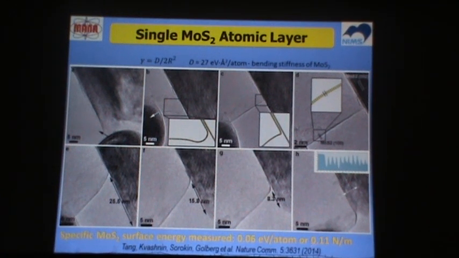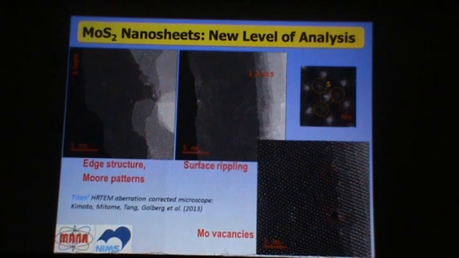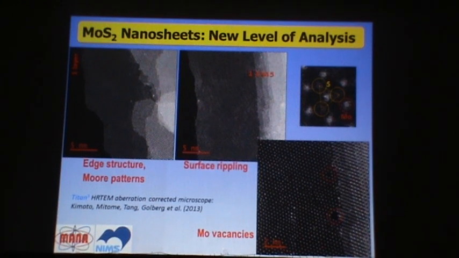We calculated the surface energy of the molybdenum disulfide crystal, which becomes 0.11 Newton per meter. And this slide shows you actually the power and the beauty of modern electron microscopy. In this case, I used the so-called spherical aberration corrected microscope named Titan Cube, which is also available in our group at NIMS.